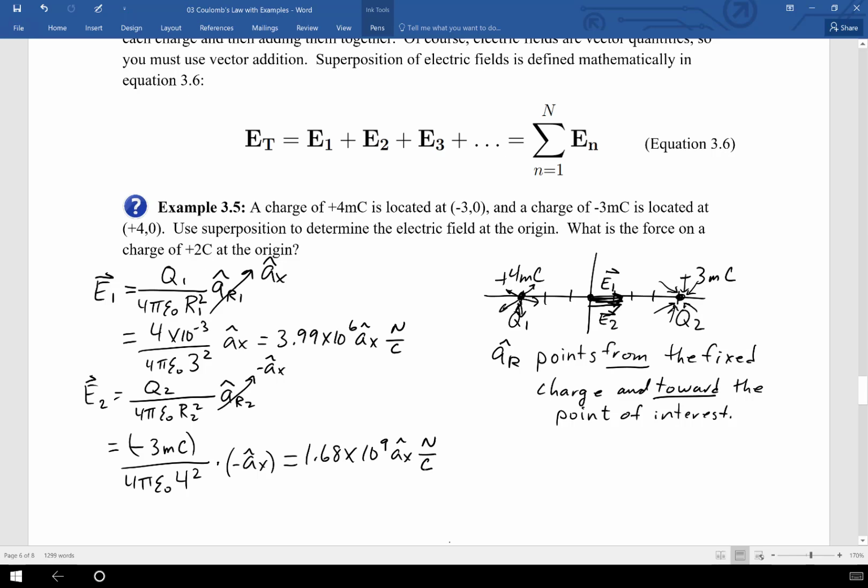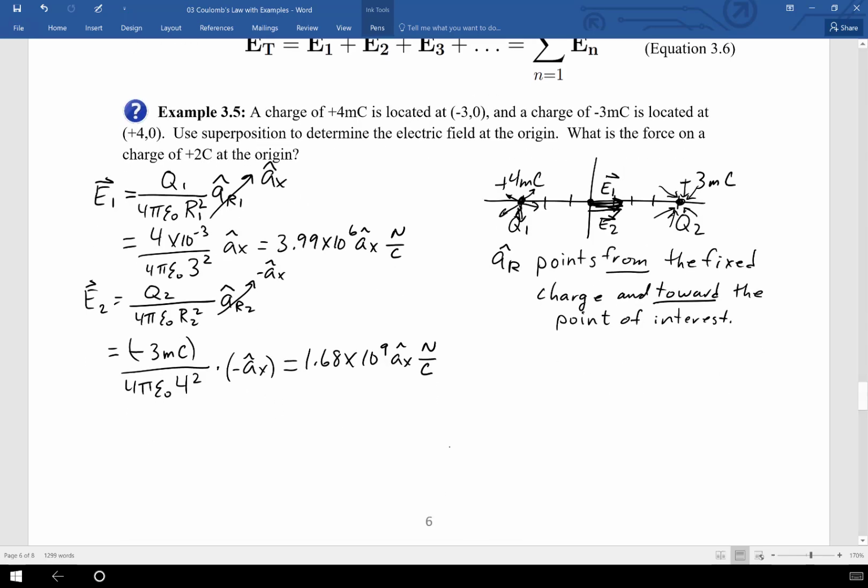And then finally, the total electric field is going to be E sub 1 plus E sub 2, which is 3.99 times 10 to the 6th a sub x newtons per coulomb, plus 1.68 times 10 to the, whoops, that's not times 10 to the 9th. Sorry about that.